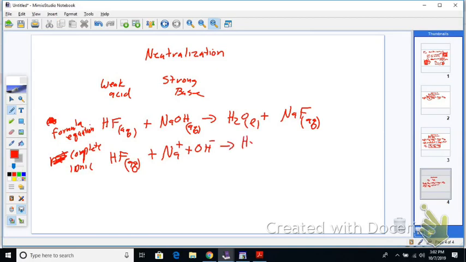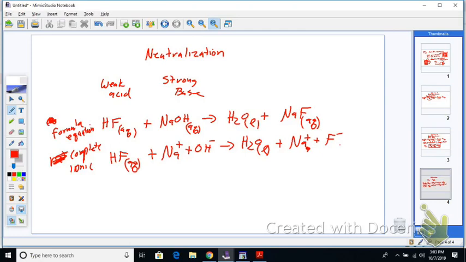We still form water, it stays together because it's molecular and it won't break apart. And what we're left with there is NaF, and that's aqueous, so that definitely breaks apart. Any questions you have on that?